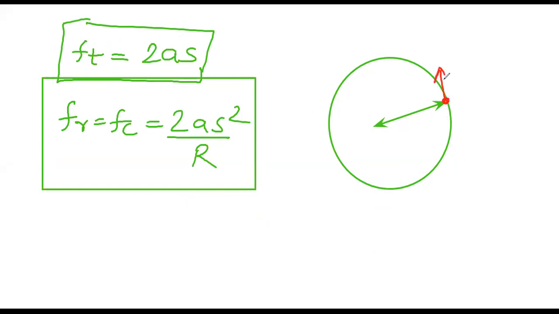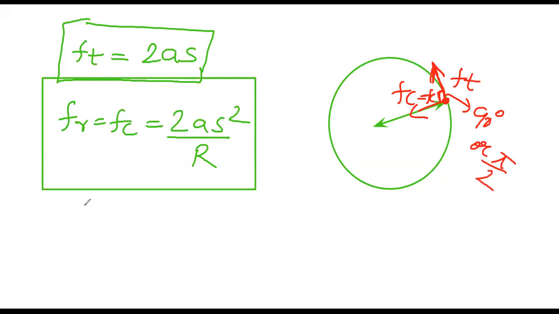It has a tangential force like this, and the radial force will be in this direction. The angle between the tangential force and the radial or centripetal force is 90 degrees, or pi by 2.